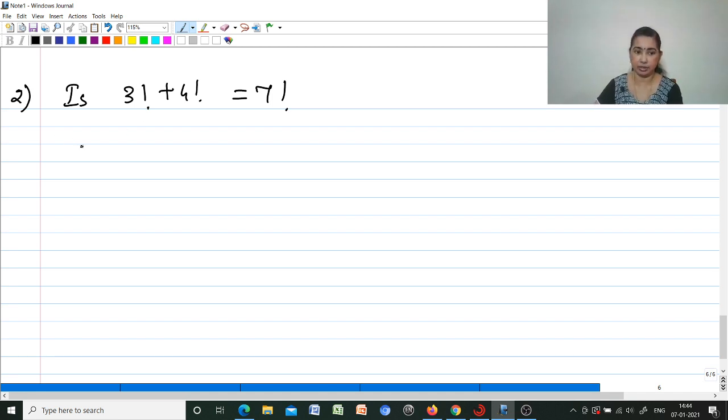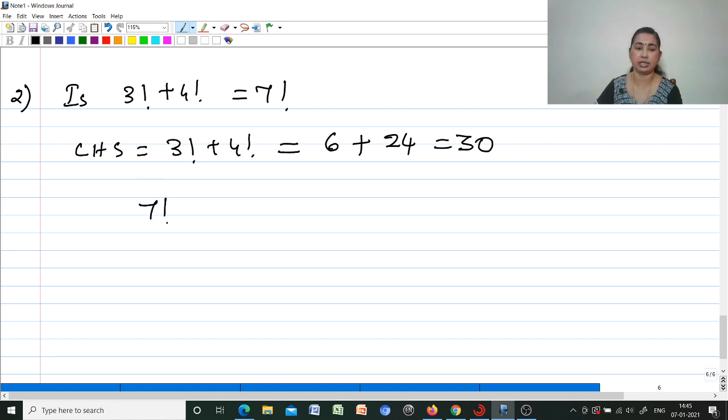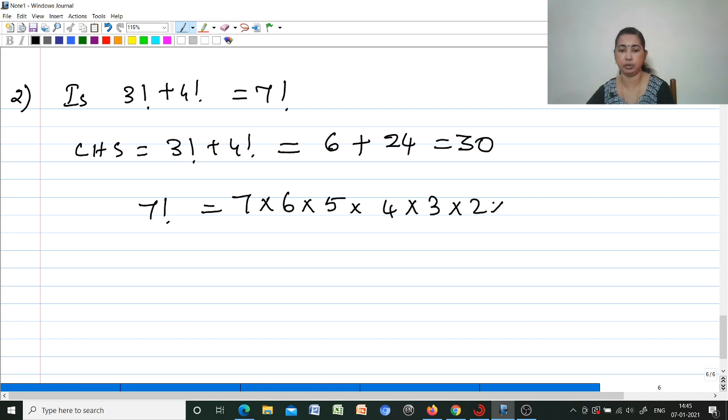We will check it. Take the LHS, that is 3 factorial plus 4 factorial. We know 3 factorial means 3 into 2 into 1, that is 6. 4 factorial means 4 into 3 into 2 into 1, so 4 into 6, that is 24. Sum is 30. Now, check for 7 factorial. 7 factorial is 7 into 6 into 5 into 4 into 3 into 2 into 1.